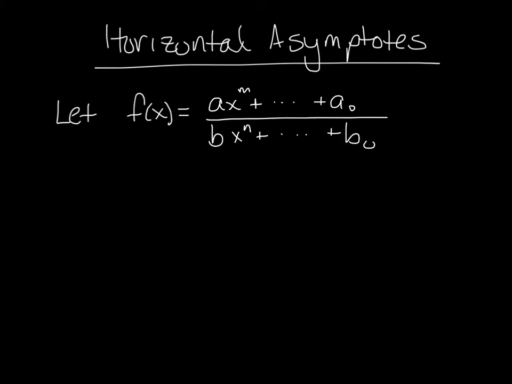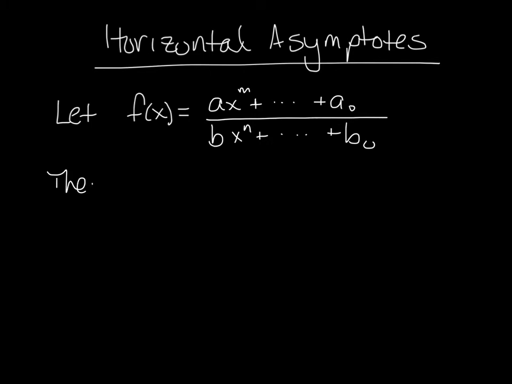So I've created a polynomial on the top and a polynomial on the bottom, where on the top my leading coefficient is a, and I have x to the m, and it goes all the way down to the constant. And on the bottom, my leading coefficient is b, x to the n, plus dot dot dot, all the way down until you get to your constant. Okay, so here's how the rules work.